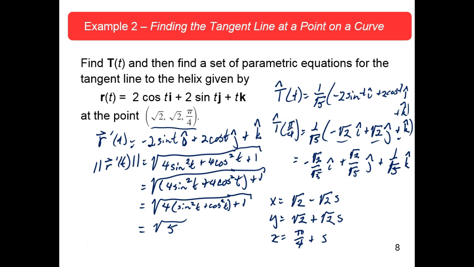Okay? Property 7: if R of t dot R of t is C, then R of t dot R prime of t has to be 0. So if a dot product of a vector with itself is a constant, then the vector times the first derivative of that vector has to be perpendicular, orthogonal.